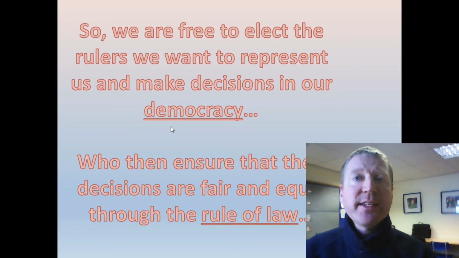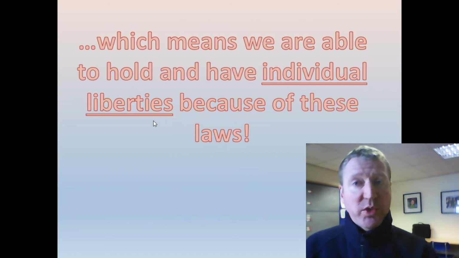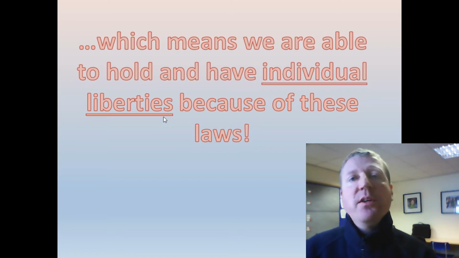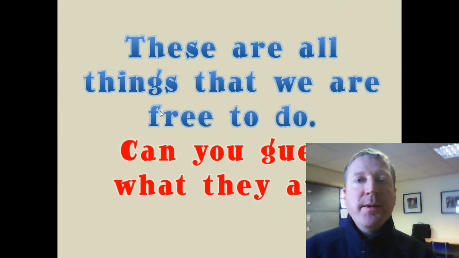That's like our second assembly. Which actually means that we're able to have these individual liberties and freedoms because these laws make clear that it's something we're entitled to. So hopefully you can see how all of these areas we're talking about are linked together, so they flow into each other to be an important part of what makes us British.